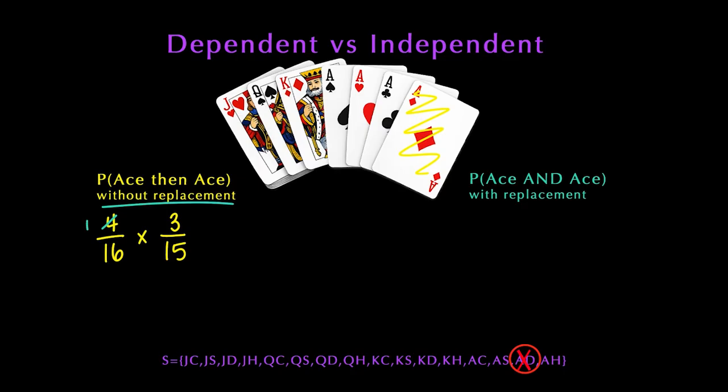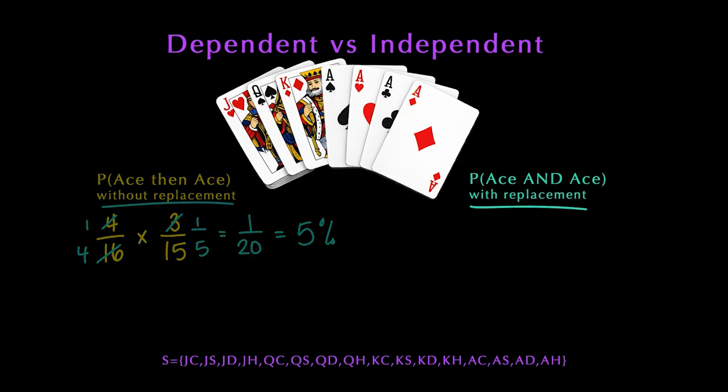I have 1 out of 4 and 1 out of 5, so that's going to equal 1/20th. So 1 divided by 20 is actually 5%. So I only have a 5% chance of drawing an ace and then drawing another ace when I don't replace it. So now let's look at with replacement.